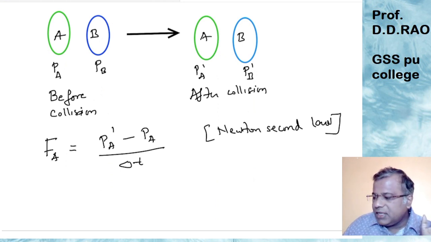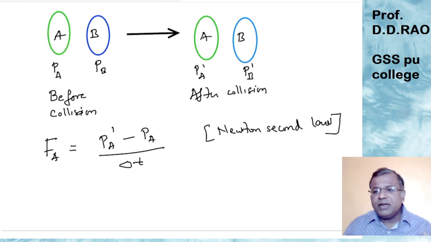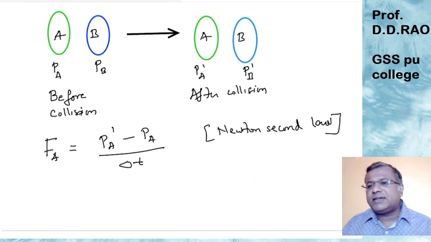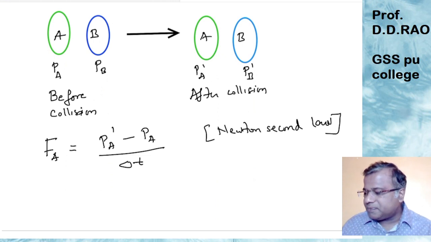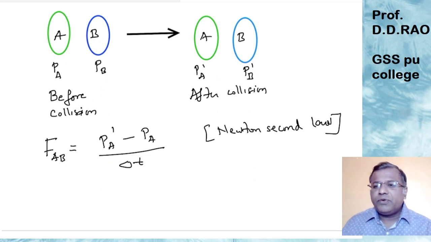I am not dealing with what happened to B. When collision took place, A exerted some force on B, and B exerted an equal and opposite force on A. So what was the force on A? Maybe due to B. What happened to A is important. Its momentum changed from PA to PA dash.